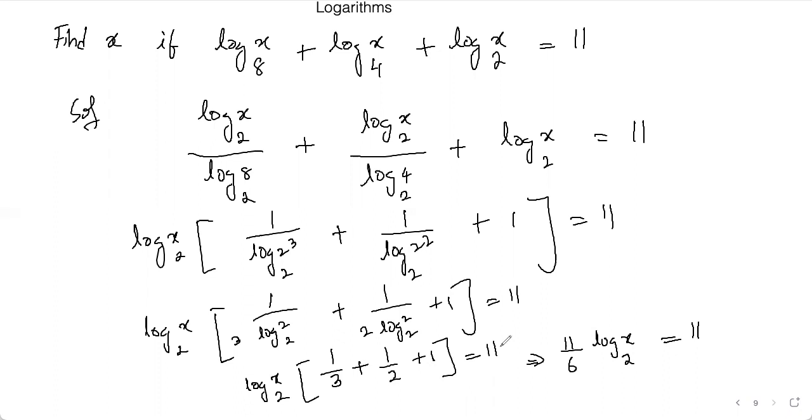Further simplifying, you get log x to the base 2 as 6, or x is 2 power 6, which is equal to 64. So the value of x which we found is 64.